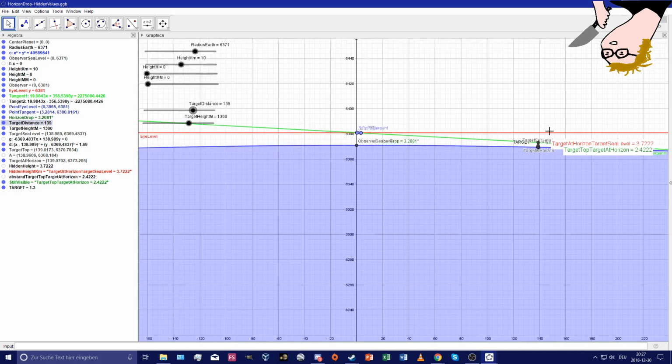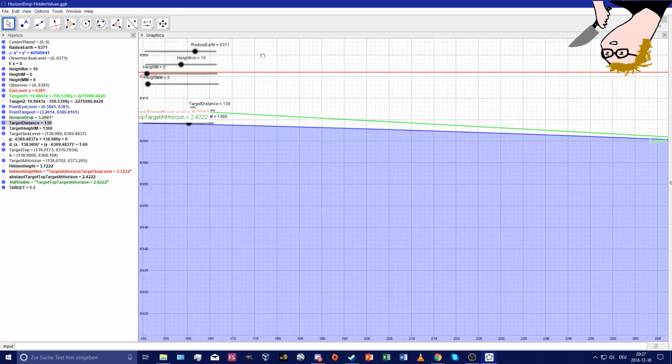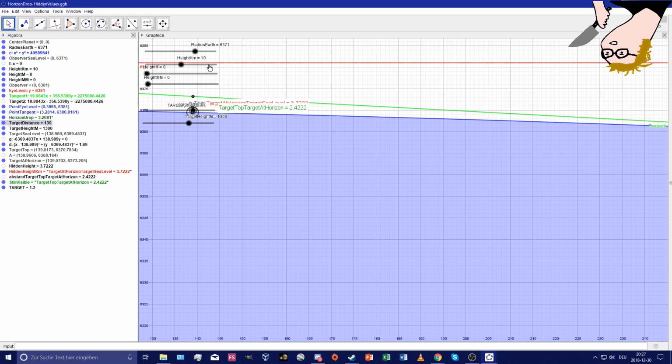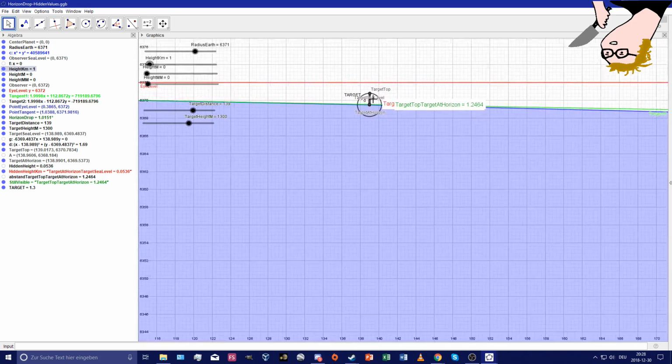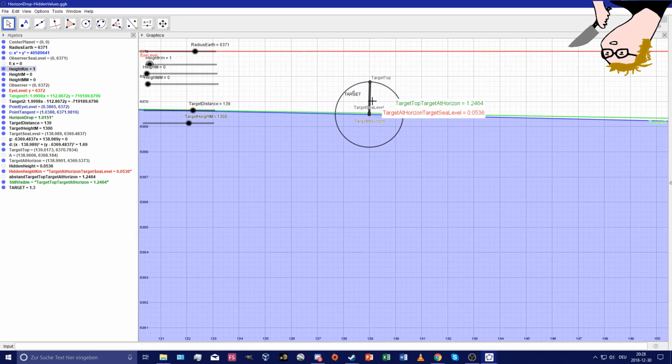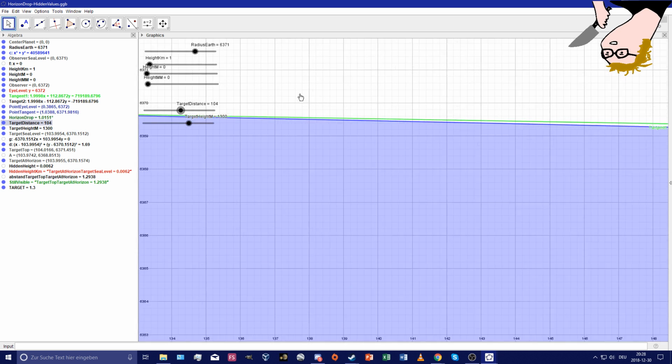So you can actually see, for example, how much is hidden. Height kilometers, let's turn that one down a little bit. So this black line here, that's our target. Target distance is, let's reduce target distance.